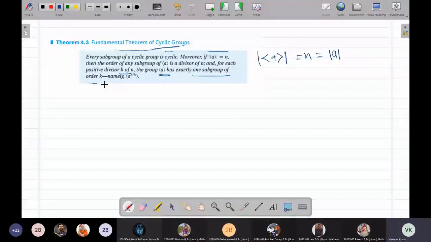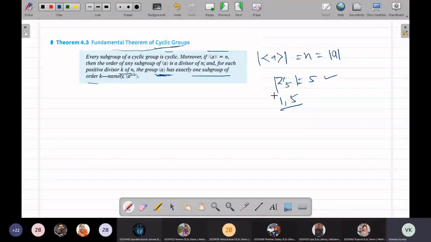It means that, for example, in our case, if we take Z5, what are the divisors? 1 and 5. There are 2 divisors because this is a prime number. So there are 2 positive divisors, and then what does it say? For each positive divisor k of n, the group has exactly one subgroup of order k.